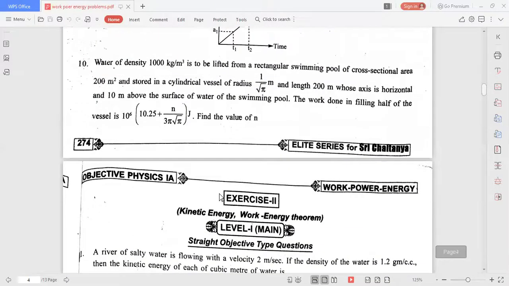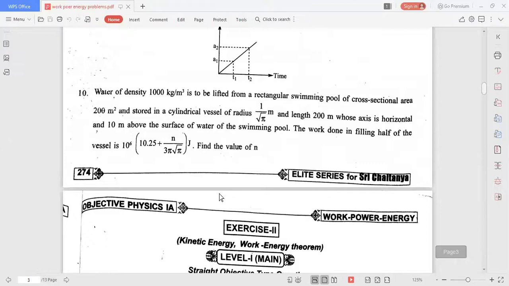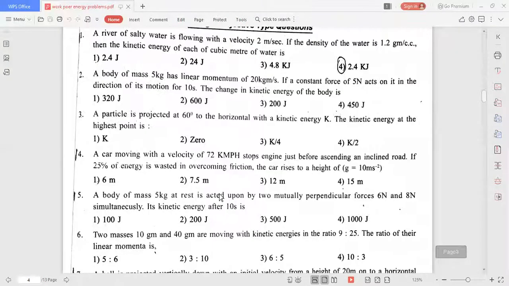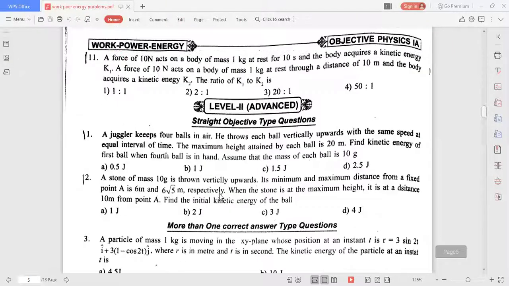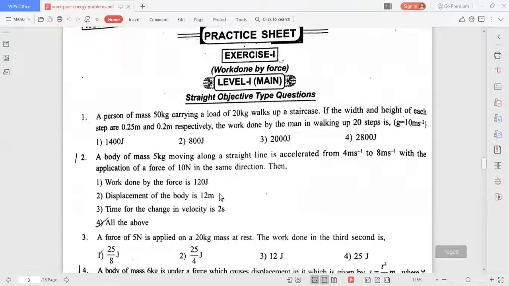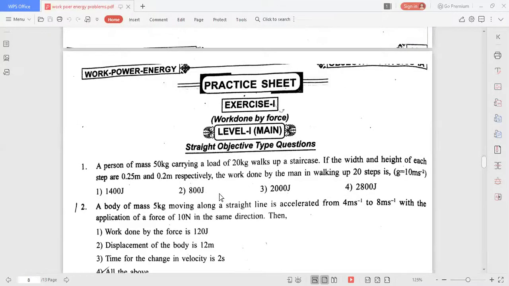Okay, next in the practice sheet you have to do. All of you see the practice sheet problems. You see, these are the practice sheet problems, I think. Okay, in the practice sheet problems you note down, you have to do these problems.